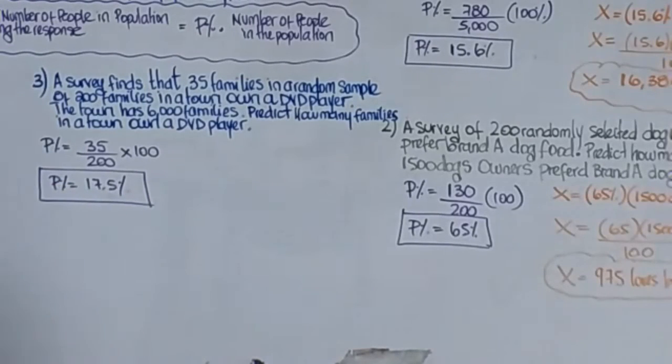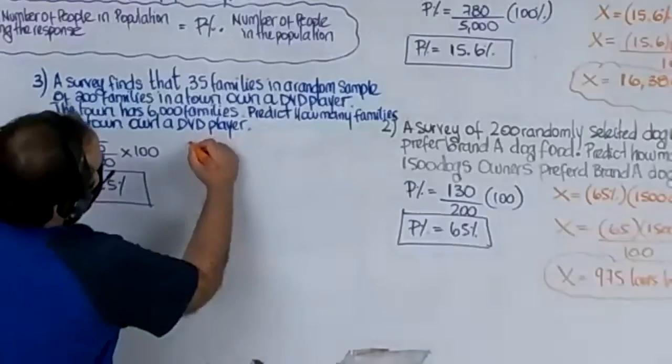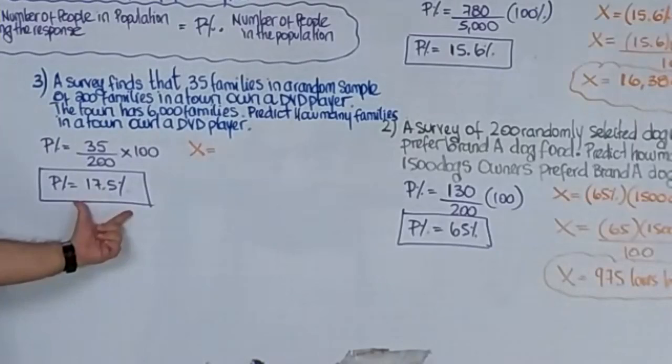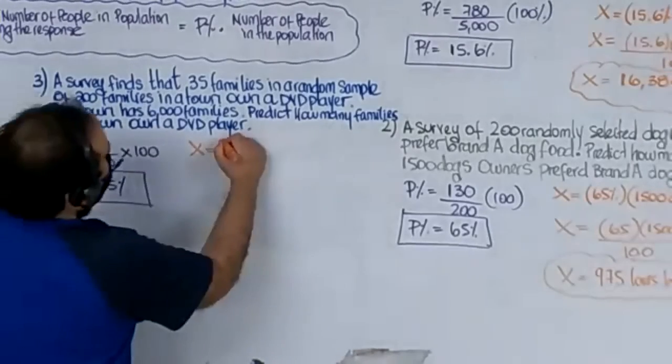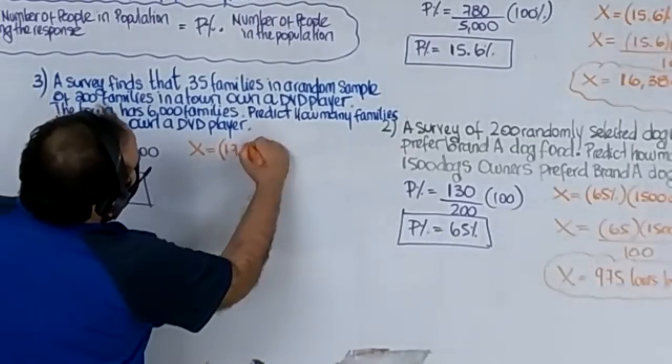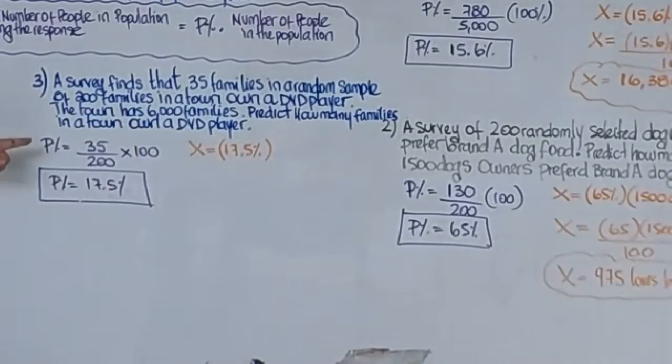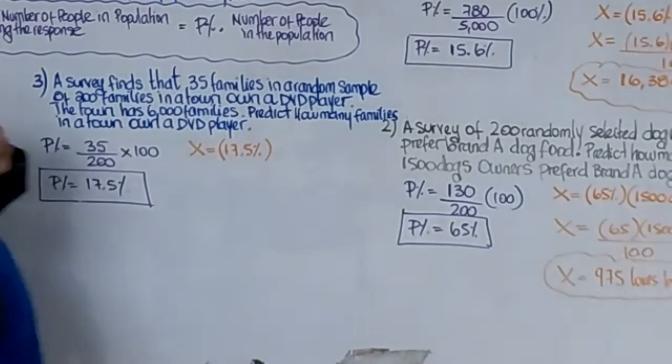Now, the number of families, the X value again. I'm going to multiply this 17.5% by the population. What will be the population? 6,000 families.